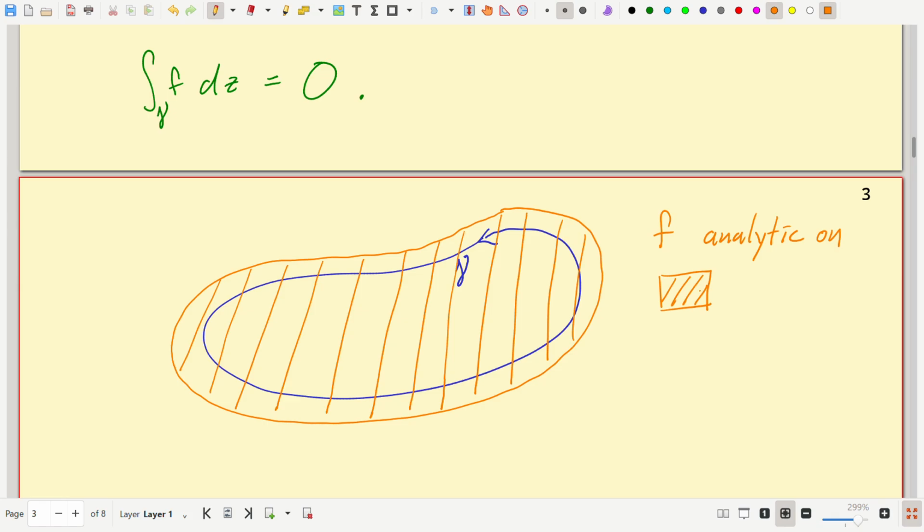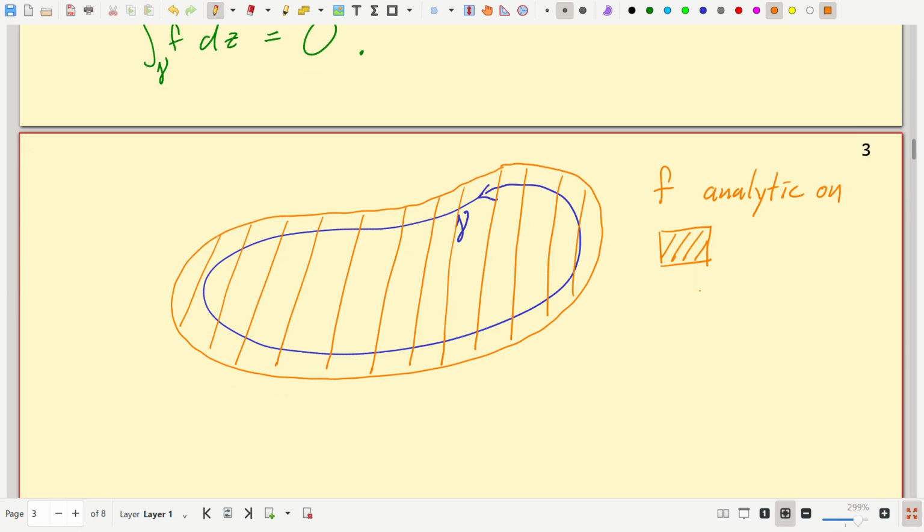That's the assumption. So what is that? That's an open set containing the curve and the inside of gamma.